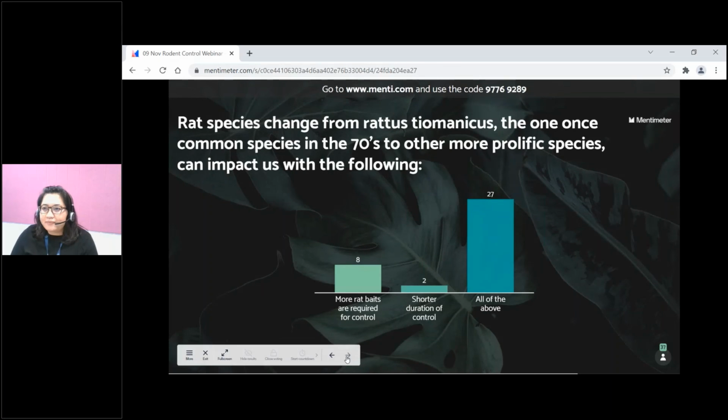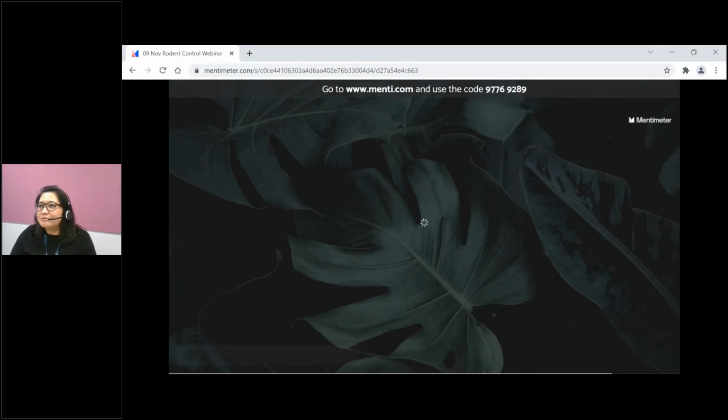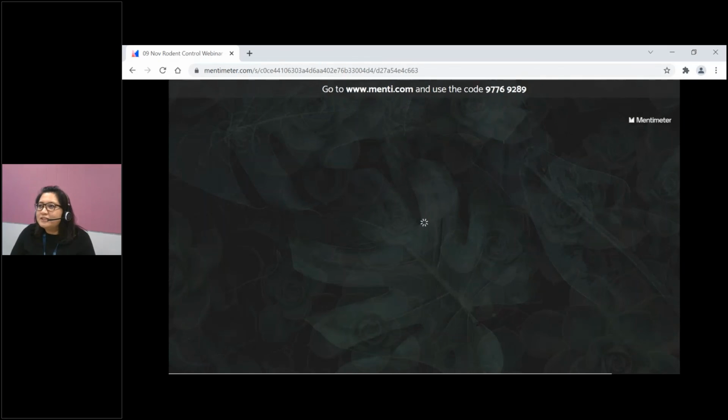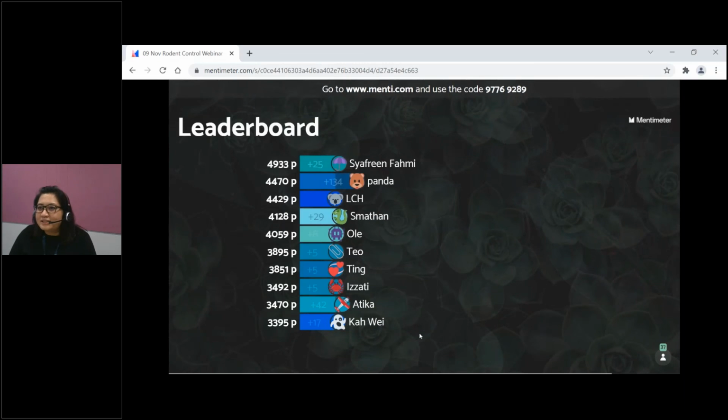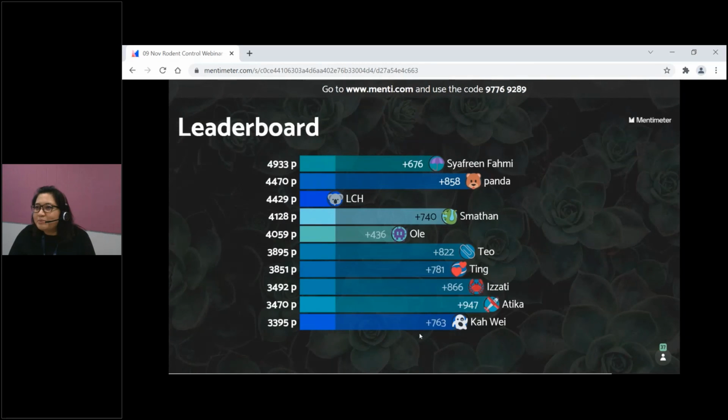That's right. Let's see who has managed to catch up. Or is Shafrin still leading? Ooh, it's a tight race between Shafrin and Panda.